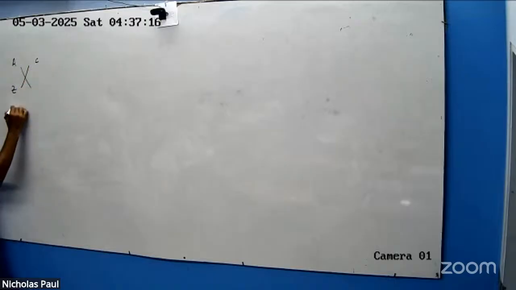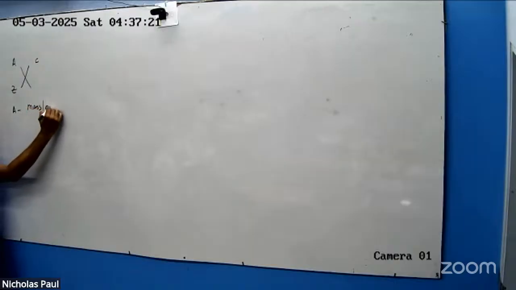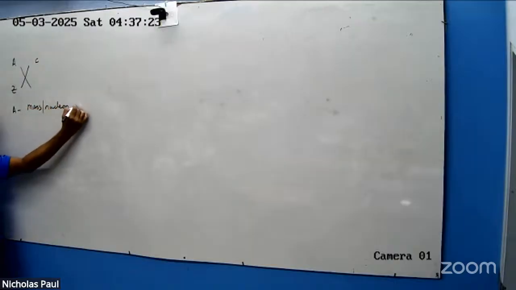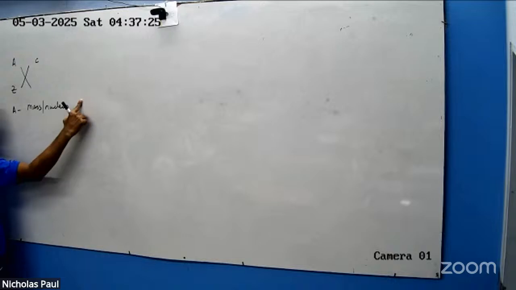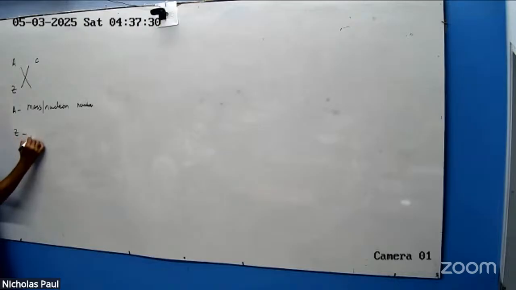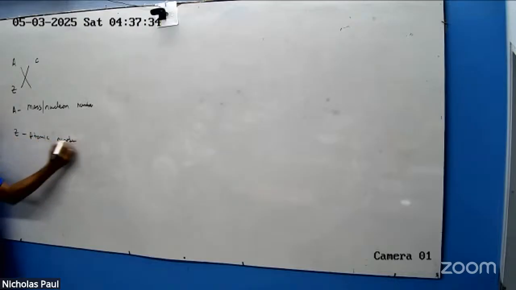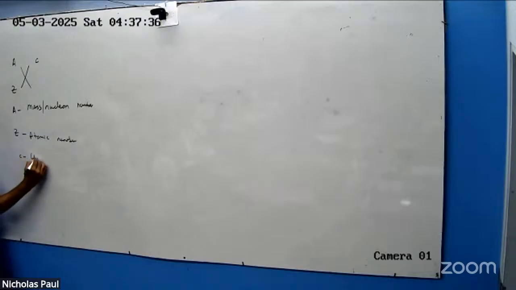A is what we call the mass or the nucleon number. The atomic number is the second one, and C is the charge.